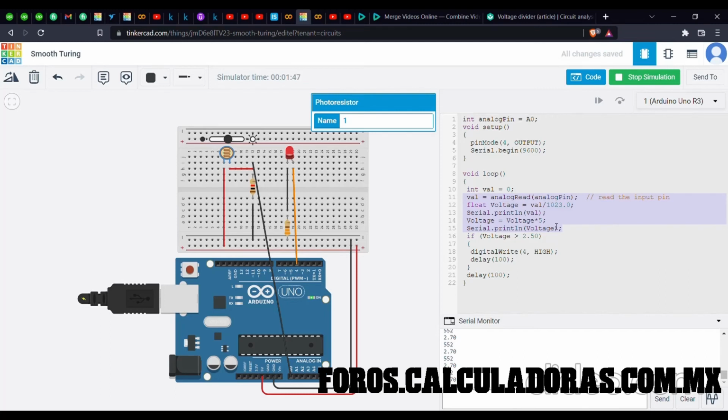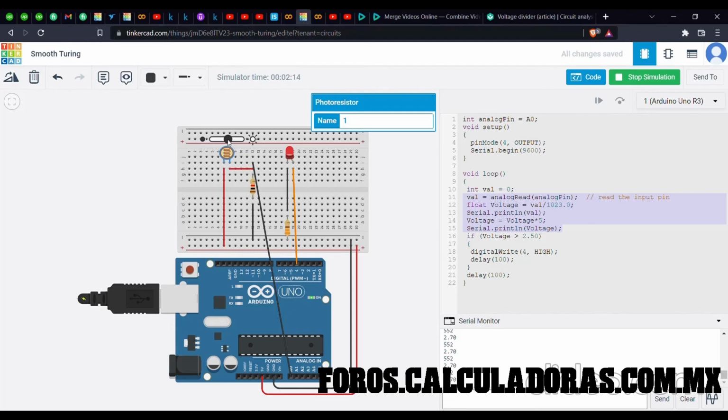What this line of code actually does is whenever we read any voltage value inside Arduino, we read the analog value, which ranges from 0 to 1023, and we need to do the division by 1023 and multiplication by 5 in order to obtain the actual voltage value. That is what is happening here.